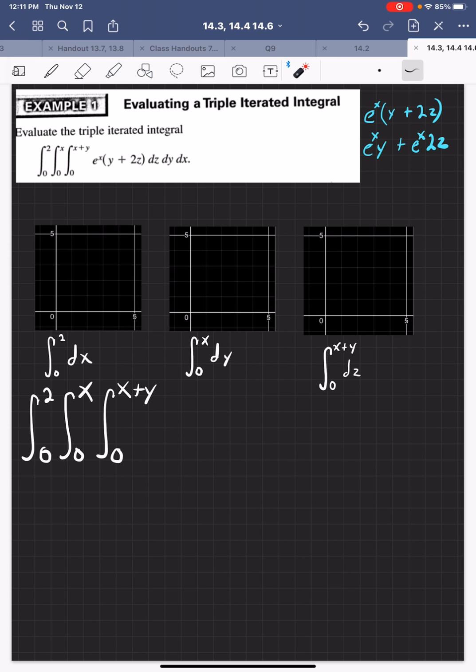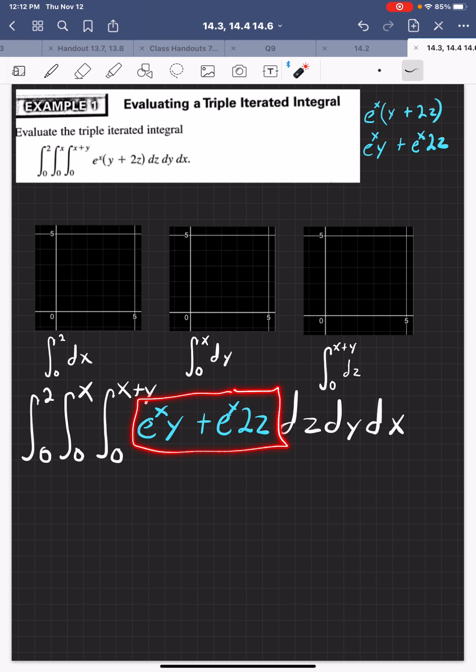And now, if it helps you, you can go ahead and distribute this e to the x so that your terms look like this, if that helps you in the integration process. But we want to begin with dz. So, okay, if we're going to integrate with respect to z, we're going to treat x and y as if they were constants.